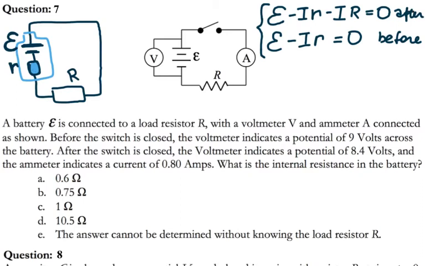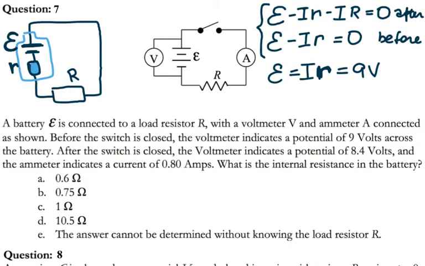Before the switch is closed, the voltmeter indicates a potential difference of 9 volts across the battery. So all the voltage is dropped inside of the battery before it's connected. So I have EMF equals I times r and equals 9 volts. And I do not know what the internal resistance of the battery is, so I'm looking for that internal resistance.